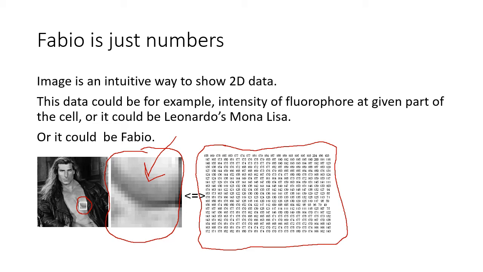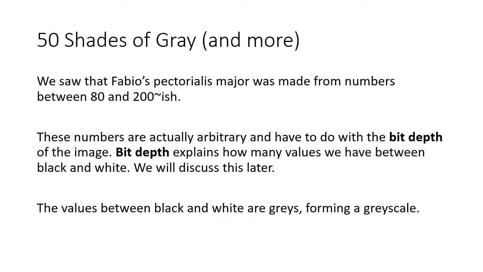The array of numbers is the data we have, and the picture is how we represent it to the human viewer. We saw that Fabio's muscle was made up from numbers between 80 and 200. These numbers are actually arbitrary, and they have to do with something called bit depth. The bit depth explains how many values we have between the black and the white, where the black has the lowest value and the white has the highest value.